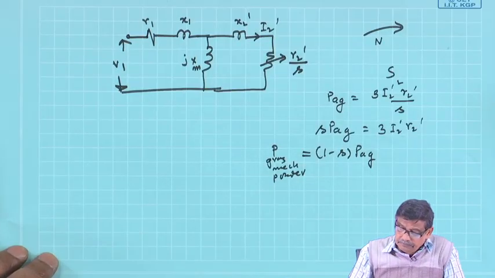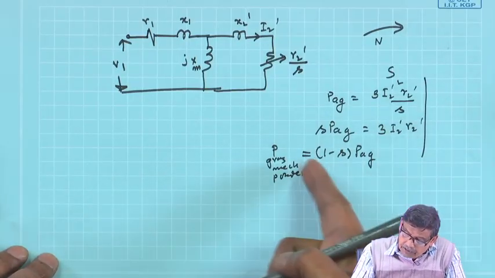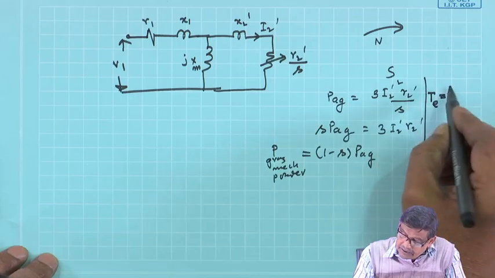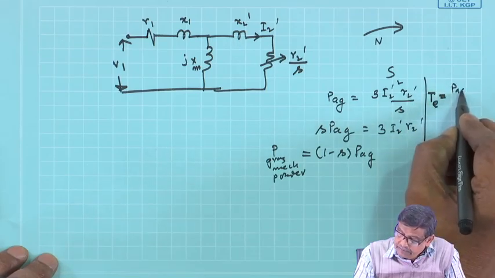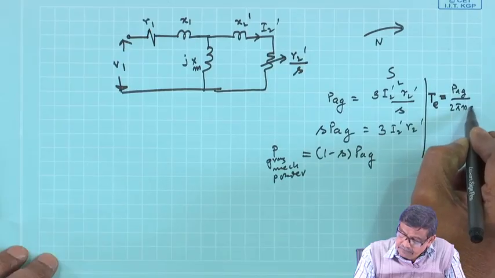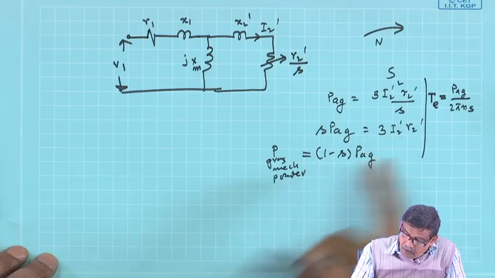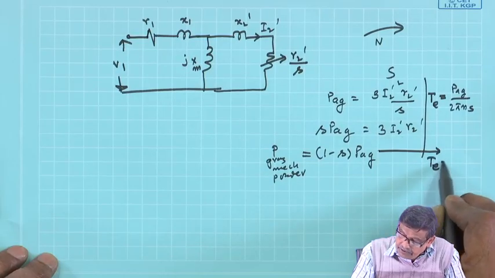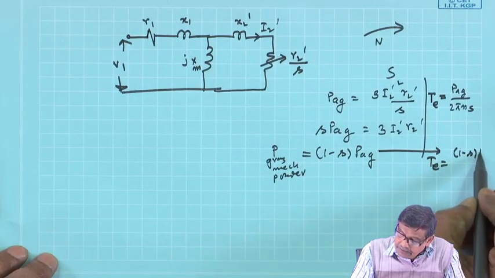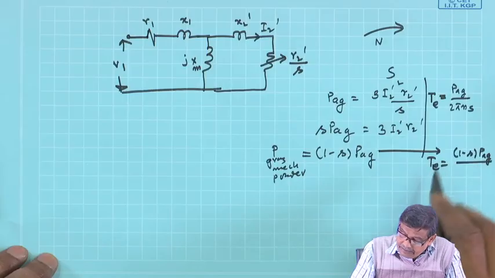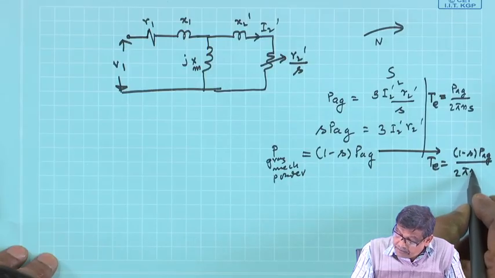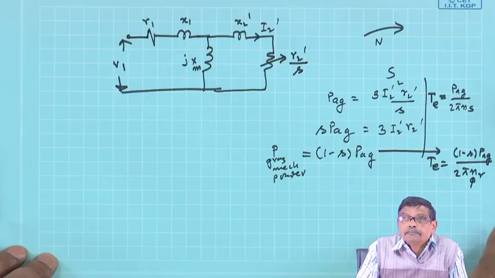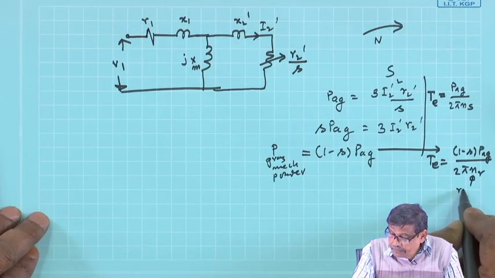That is all. And if you want to calculate torque developed by the machine, it will be this PAG by 2 pi ns, that is all. Or from this expression, if you calculate, the same T will be (1 minus S) into PAG by 2 pi nr, where nr is the actual rotor speed in RPS.